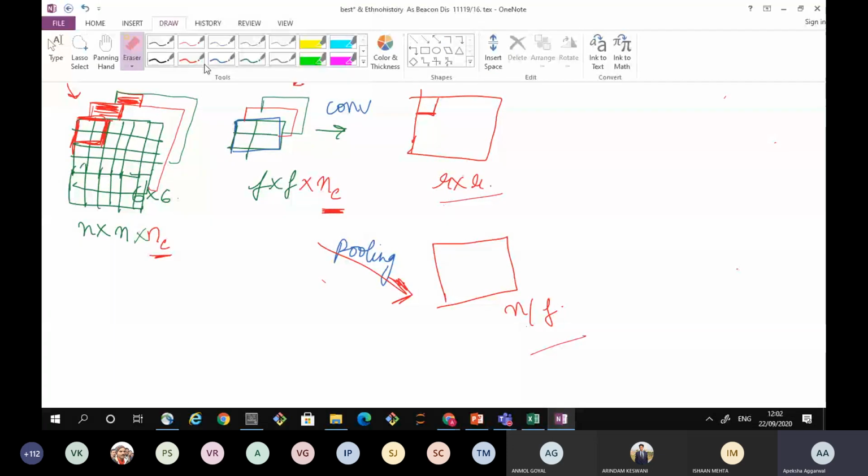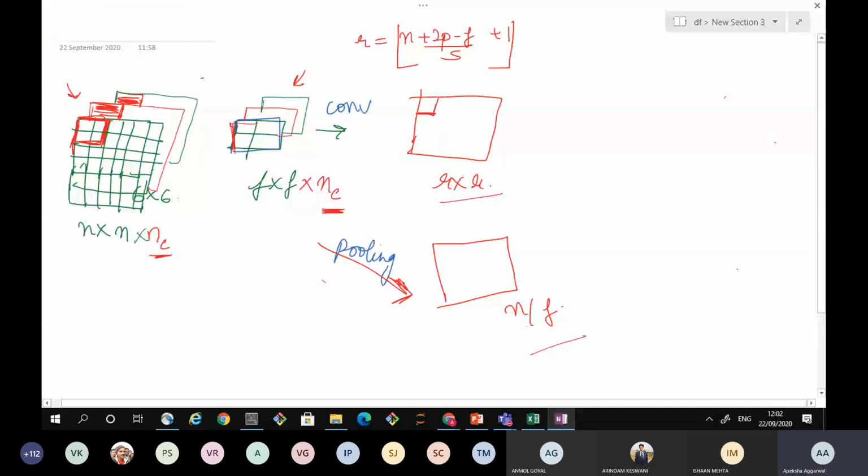What happens if I have, so this was only one filter I'm talking about. So if I have, let's say, q number of filters for this layer, the number of filters I have. So this is my only one filter.